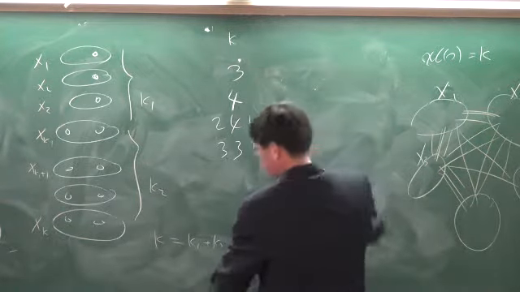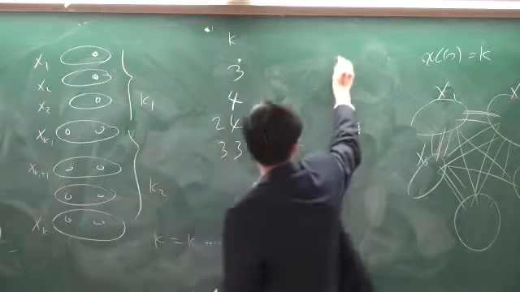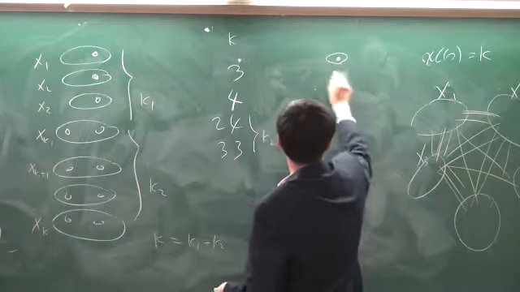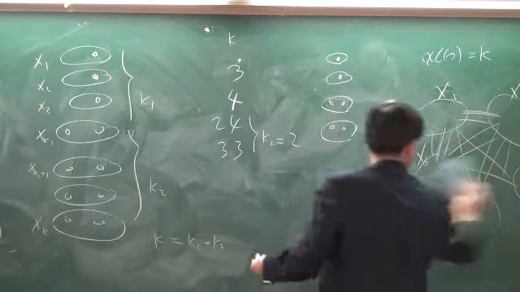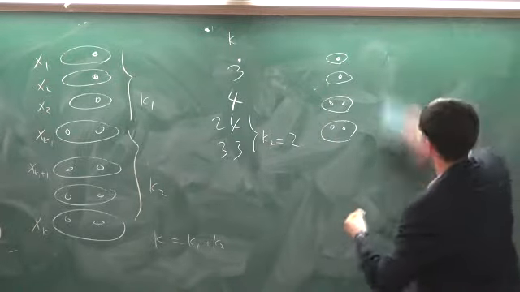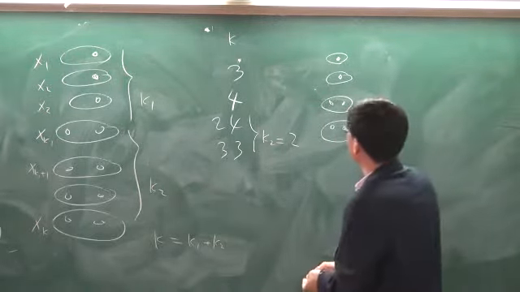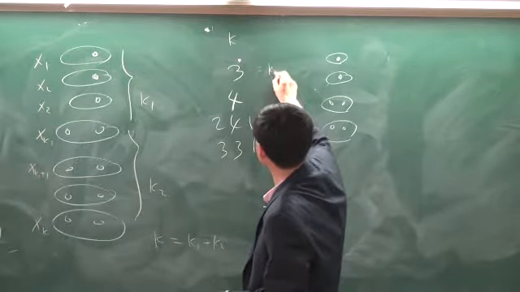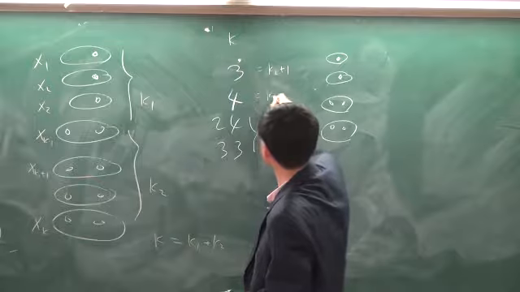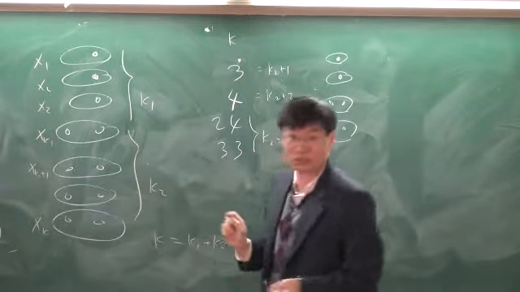This corresponds to one vertex and two vertices. And then this is k2 plus 1, this is k2 plus 2.